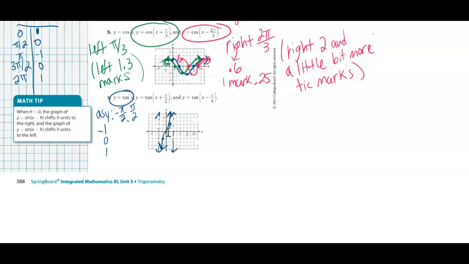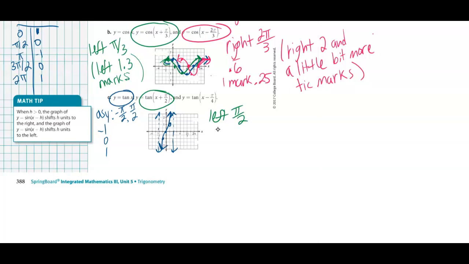So then I'm going to look at these transformations. This one's going right pi over 2. And by right, I mean left, because it always goes opposite the sign, just like sine and cosine. So it's actually going left pi over 2. Always opposite the sign, just like every transformation you've seen before.